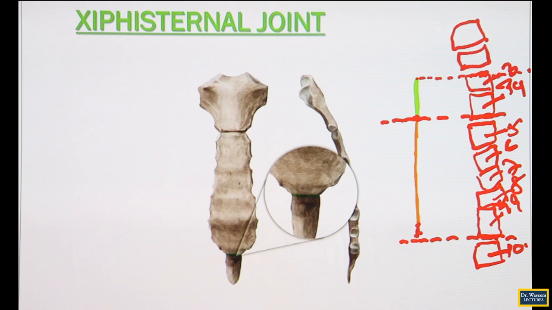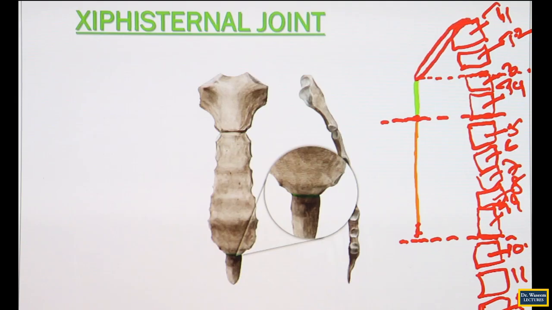This is T1, this is T2, and below will be 2 more, 11 and 12. So this is the suprasternal notch, and this is the upper border of the T1 vertebra. If you draw the line here, this makes the entrance into your thoracic cavity. This is called the thoracic inlet, and you stop here because your diaphragm comes from here.